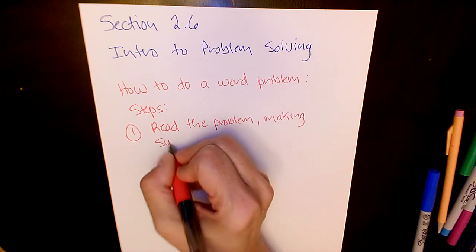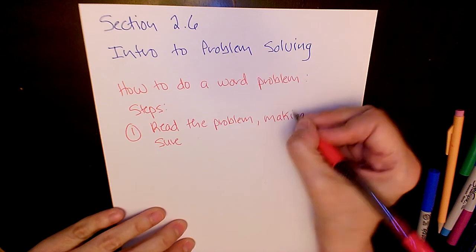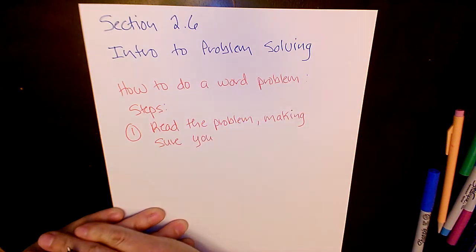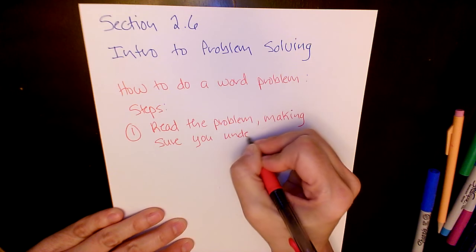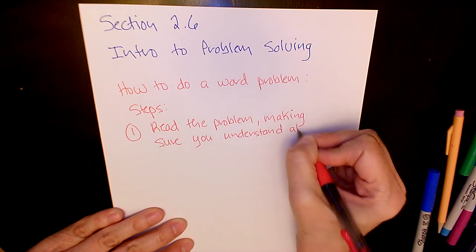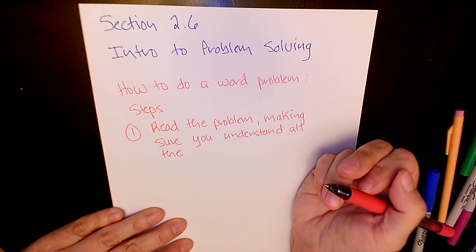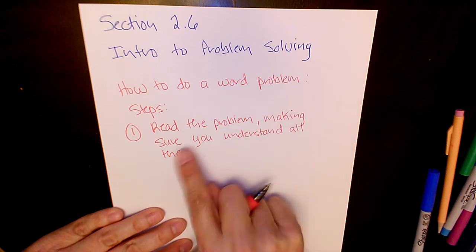Make sure you understand what all the words mean. If you want to go back to section 2.2, when we translated those English phrases into math, that would really help, because that's what we're going to be doing here.